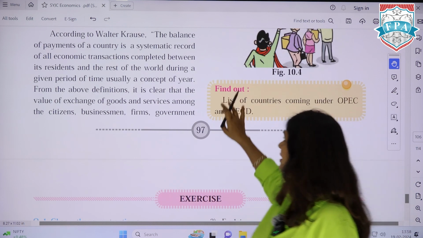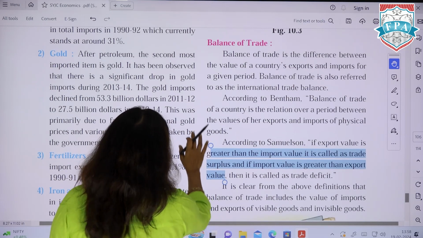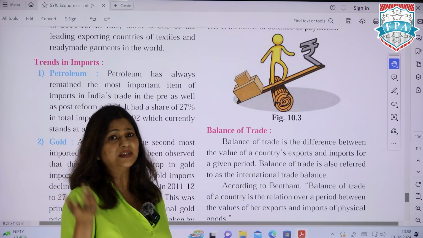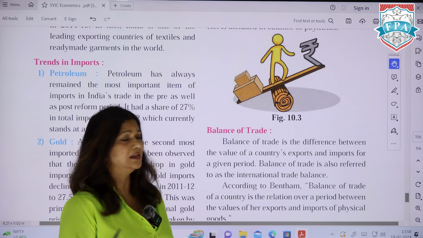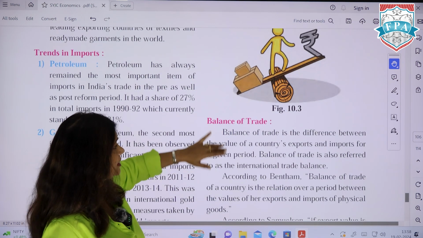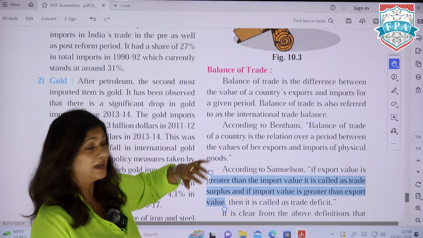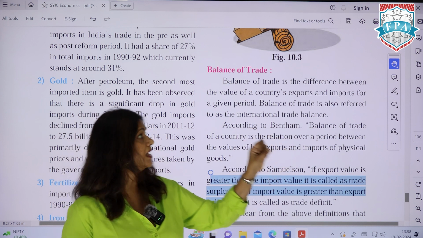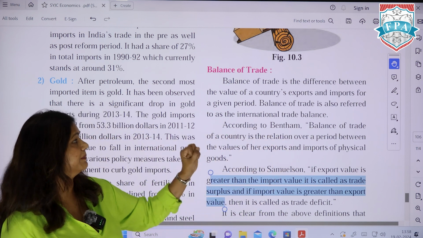So of course, this is what is required. आपको सिर्फ definition आनी चाहिए. And similarly, balance of payment के साथ साथ they want you to know what is balance of trade. So balance of trade is the difference between the value of a country's exports and imports at a given period of time.